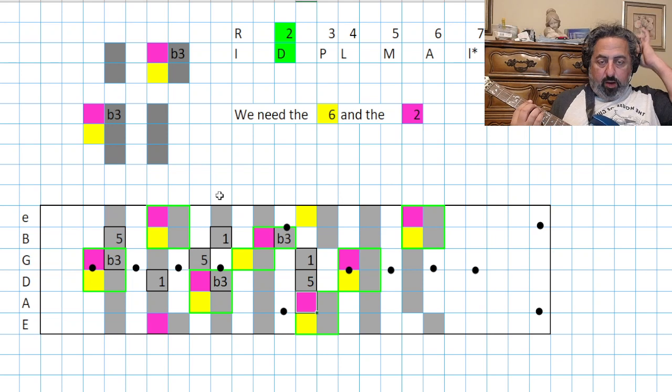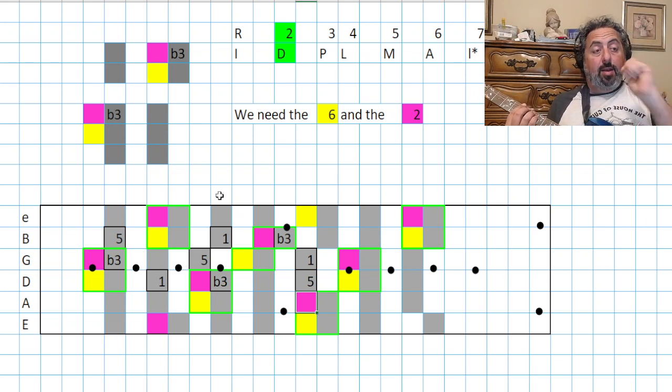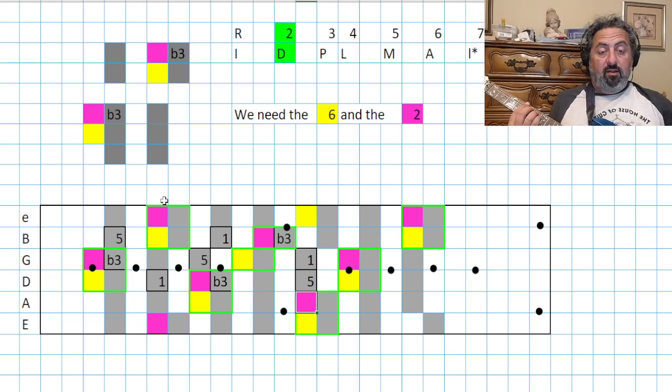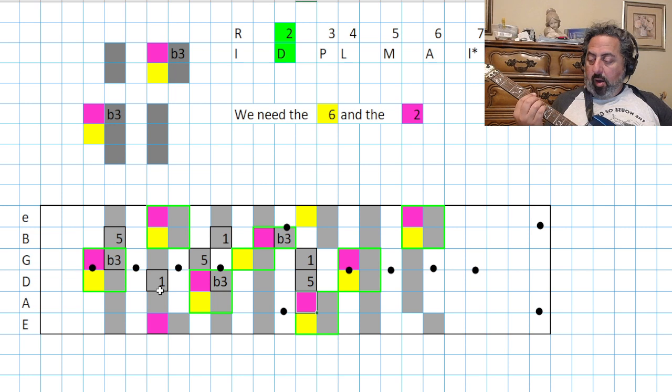I also want to know where this scale connects to these little triad shapes. This is another important understanding that I will have. I know that whenever I'm in my shape, whatever my third is, my flat third, is a box.